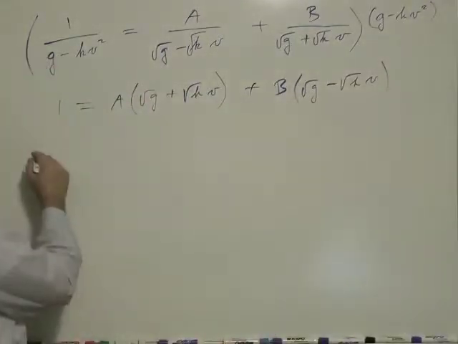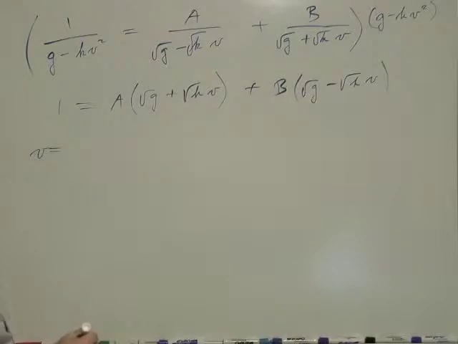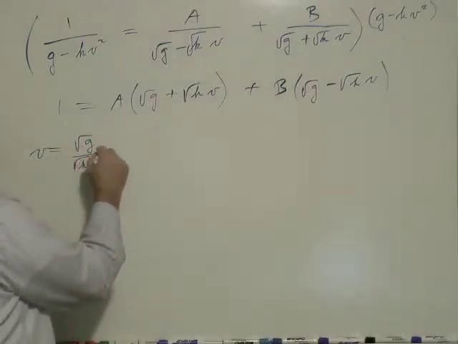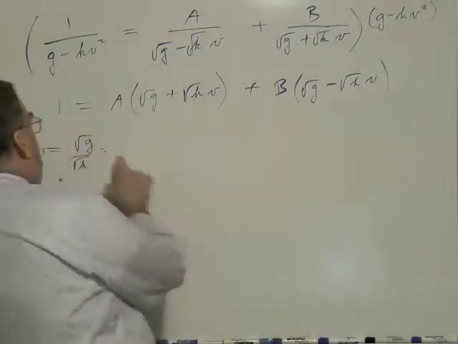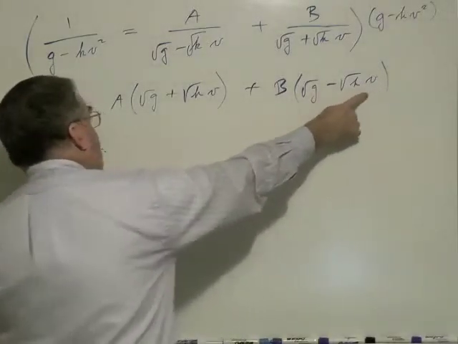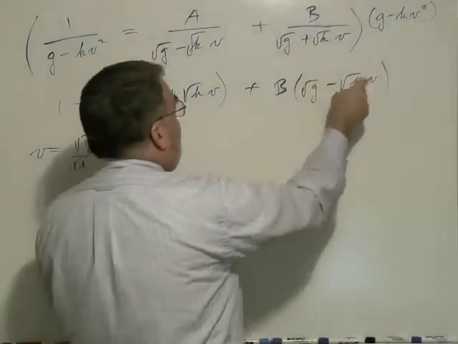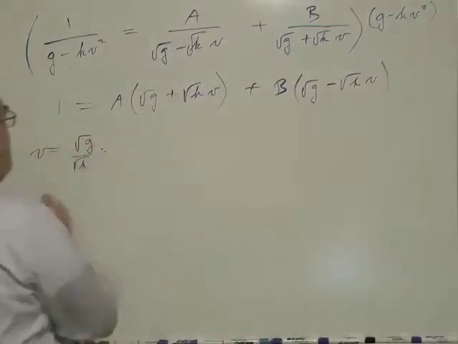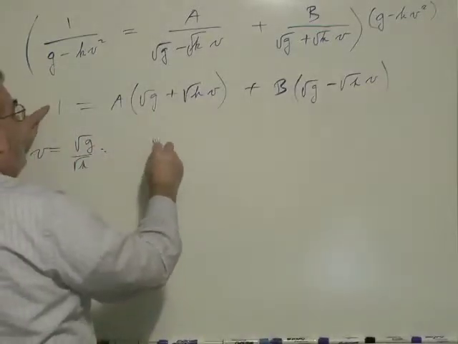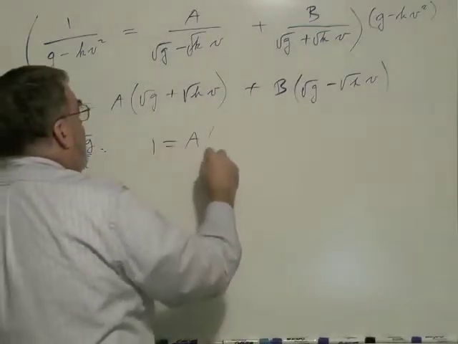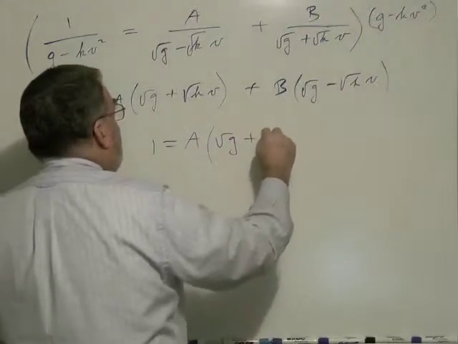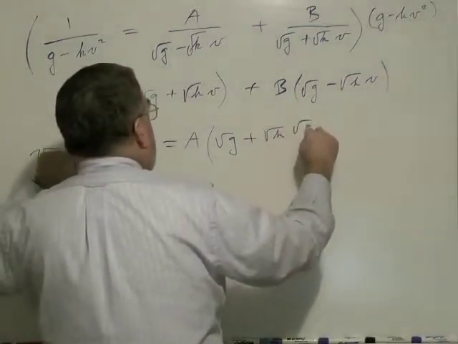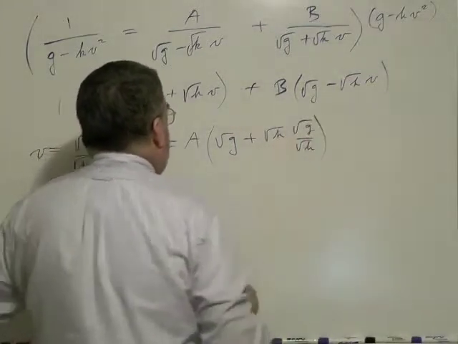And so if I let v be equal to the square root of g over the square root of k in this equation, then when I put the substitution over here, the square root of k's cancel, leaving square root of g minus square root of g, which is 0. So this term is 0 when I make the substitution. That gives me 1 equals a parentheses square root of g plus square root of k, and then multiply here square root of g over square root of k.